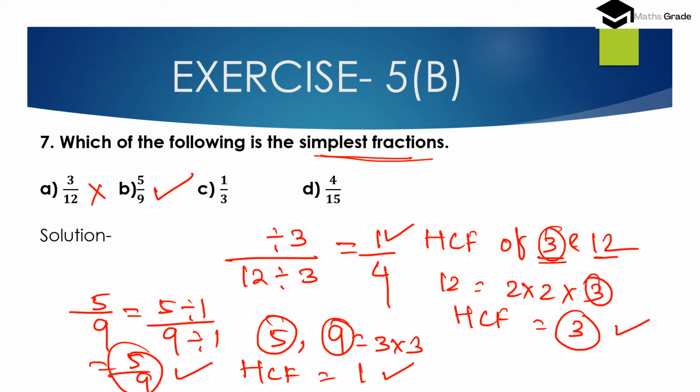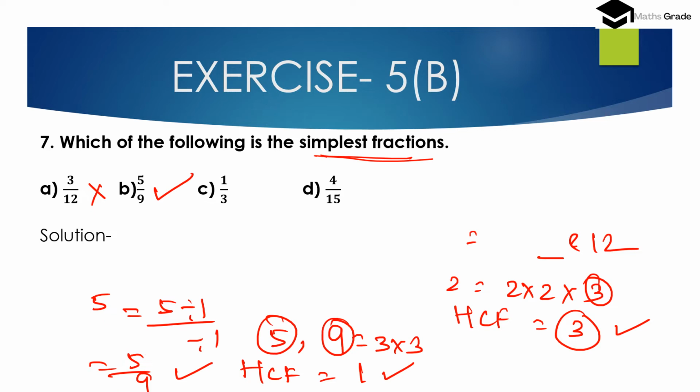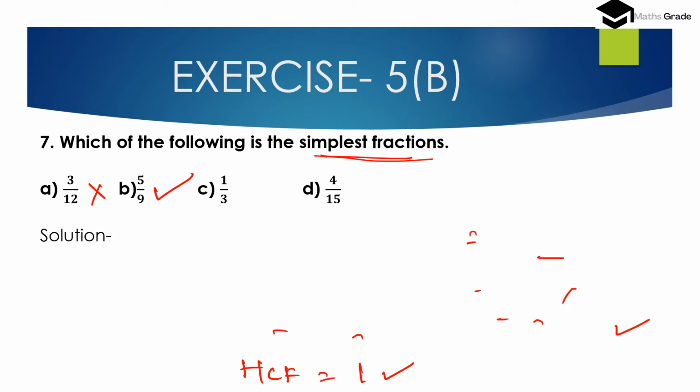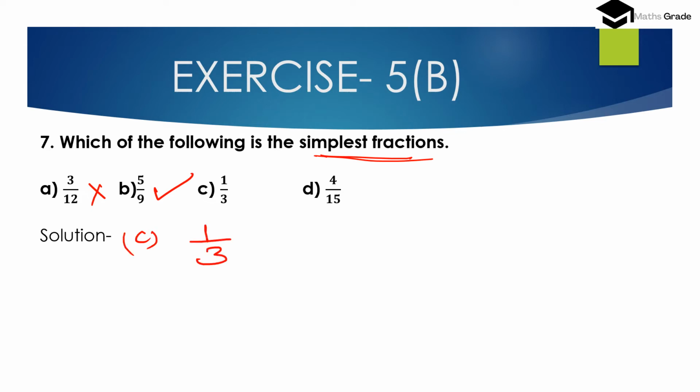Now option C, 1/3. Here, there is no common factor between 1 and 3, only 1.